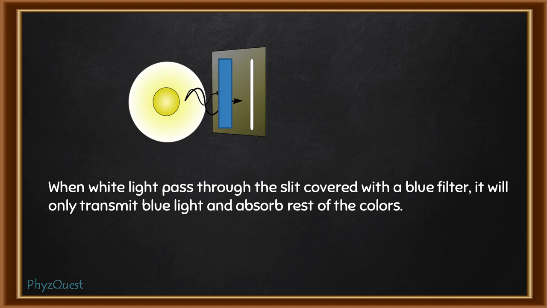When white light, which is a combination of all wavelengths, interferes with the blue light from the other slit, the blue color from that white light will only interfere with the blue light from the other.